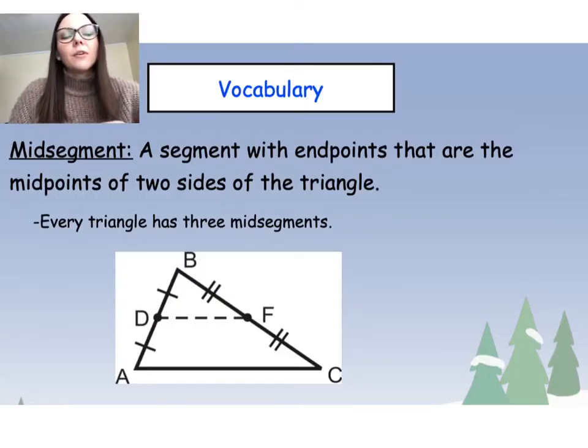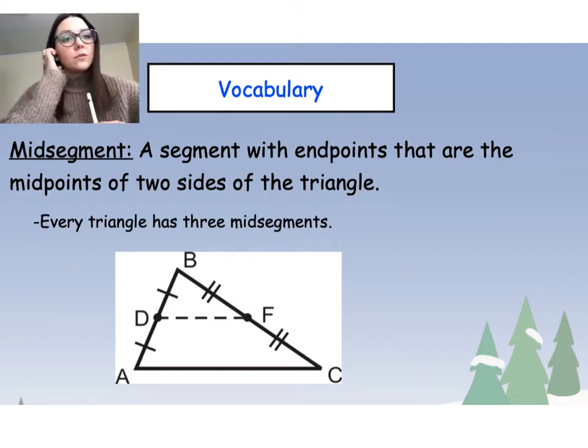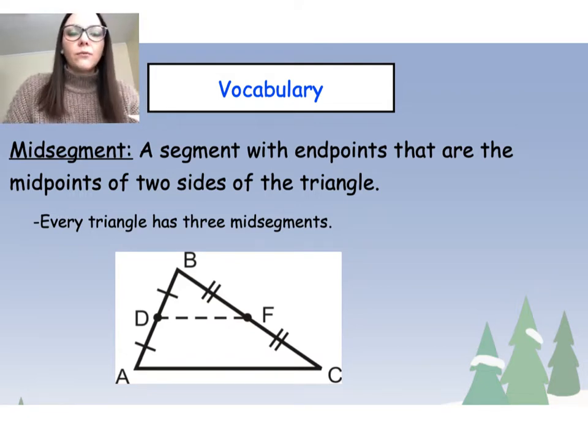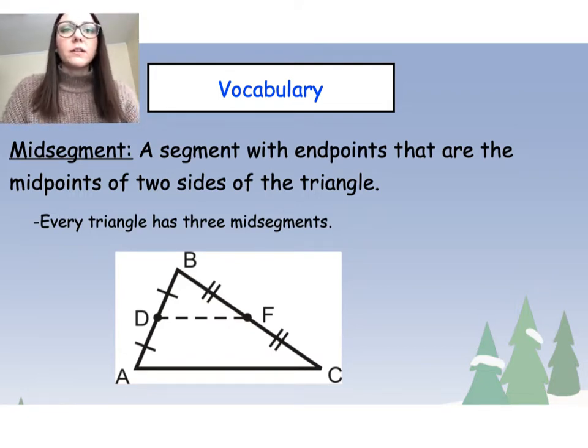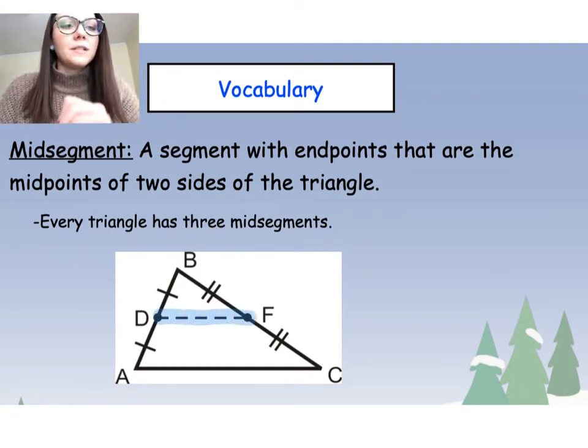Let's talk vocabulary. A mid-segment of a triangle is a segment with endpoints that are the midpoints of two sides of the triangle. So every triangle would have three mid-segments. One is currently shown, and the one in this picture would be segment DF.